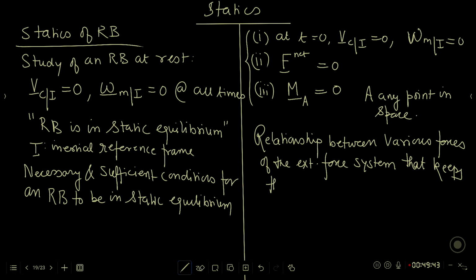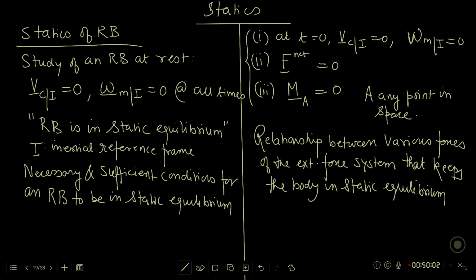So if a body is in static equilibrium and there is no external force acting on it, in that case we will never worry about anything. There is nothing to be found. We will leave alone that RB. It is in static equilibrium, no external forces acting, nothing to study there.